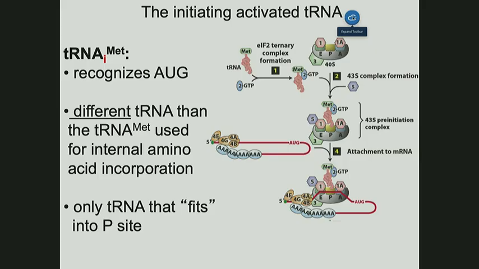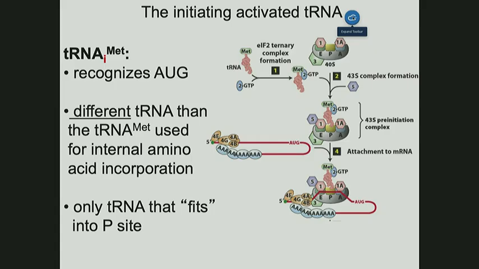And we'll talk a little bit more in a couple of slides what these E, P, and A sites are. But for now, all you need to know is that for translation initiation to start, we need to have the initiator tRNA attached to methionine amino acid.